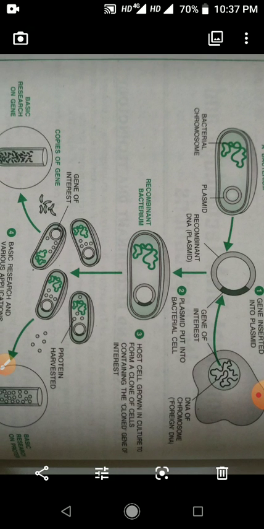So what are the basic steps of the recombinant DNA technology?